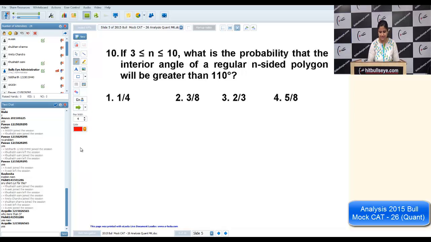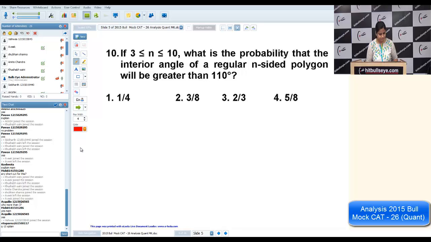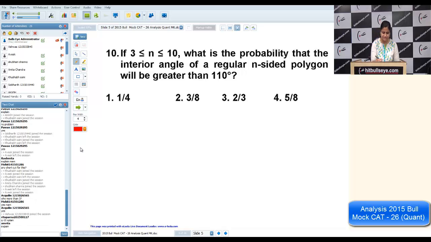Yeah, question number 10, any problem? Yes, Rituparna, a formula-based question and a simple probability question. What is probability?